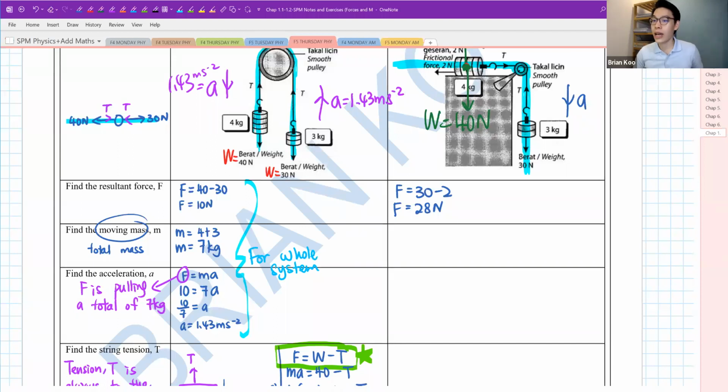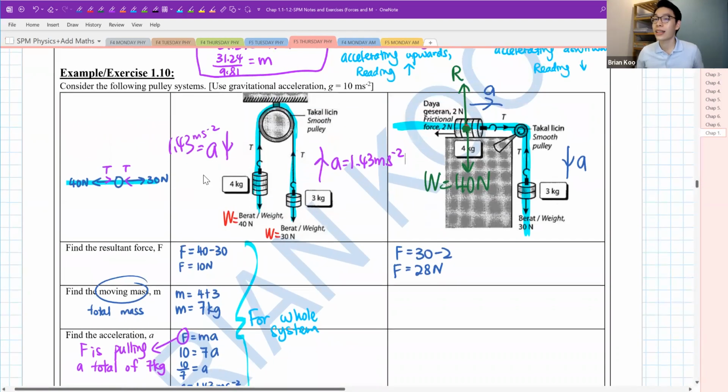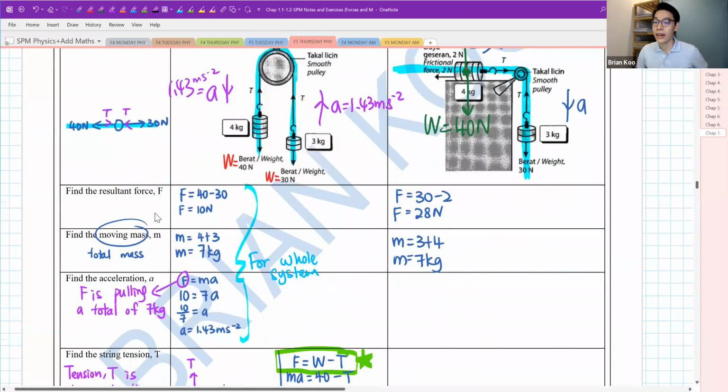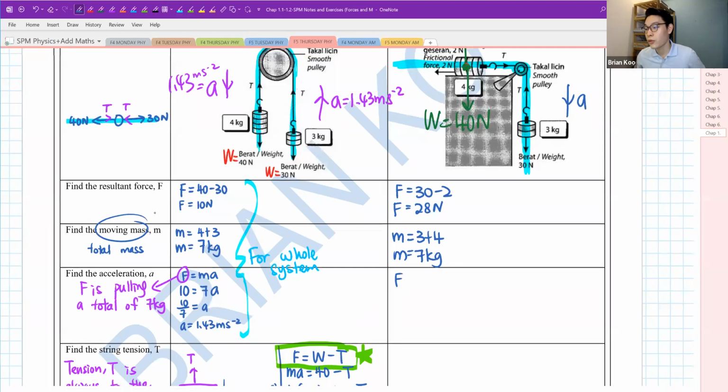And then you have the moving mass. And here's the confusing part also, because in total, this force is trying to pull what? The force is trying to pull not only 3 kg, but also 4 kg. So remember, the force, you are just looking at the one that is along the pulley system, along the string, but the mass is the total moving mass.